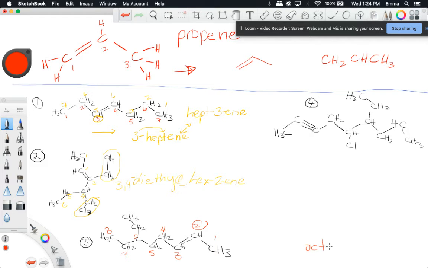Again, a double bond on number 2, so 2-ene. And then the side chain ethyl off of carbon number 6. So 6-ethyloct-2-ene, or the other format could be 6-ethyl-2-octene.